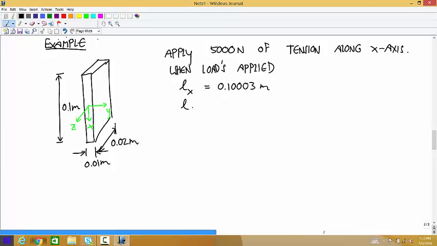The length measured along the y-axis is 0.0099931 meters. And we want to know what Young's modulus and Poisson's ratio are.